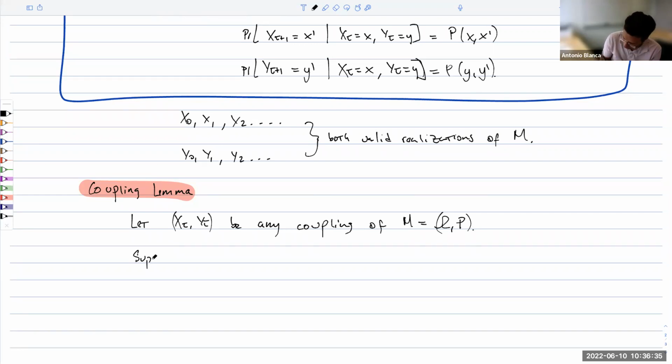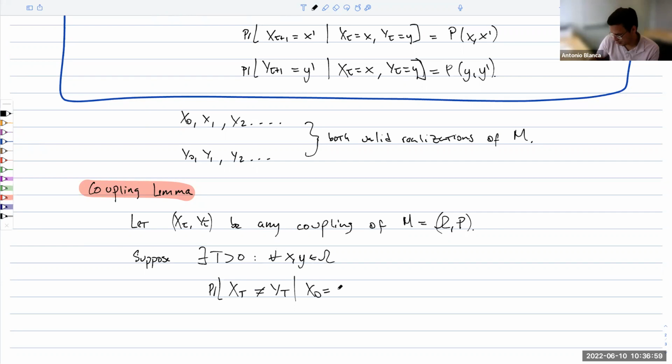and suppose that we find some time T that ensures that the probability that X_T is not equal to Y_T, for every starting state, given that we started the chain X from state X and the chain Y from state Y, is less than 1/4.